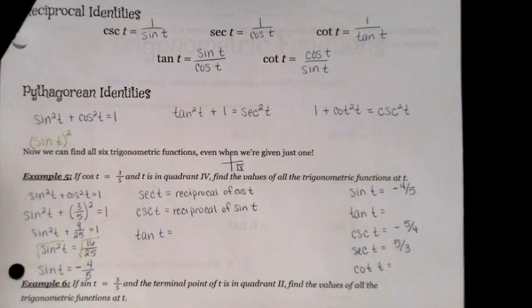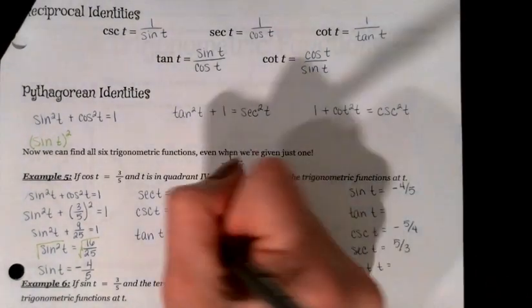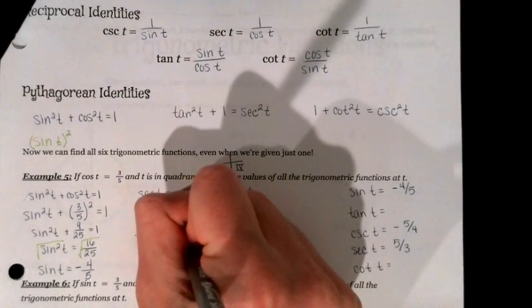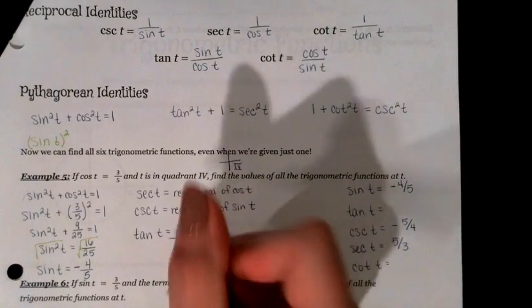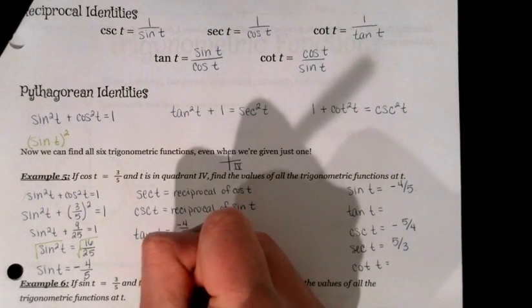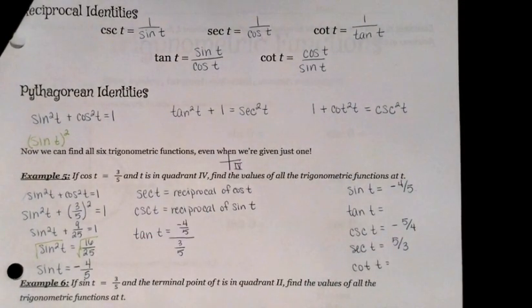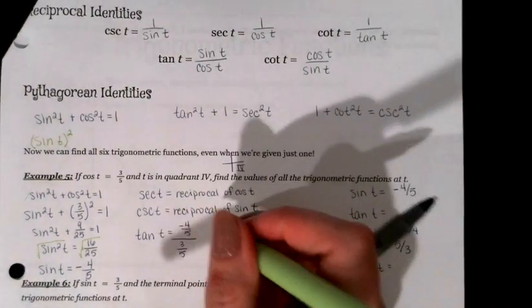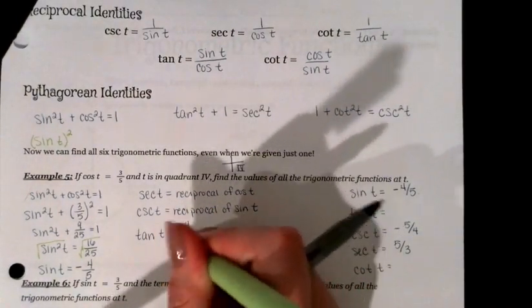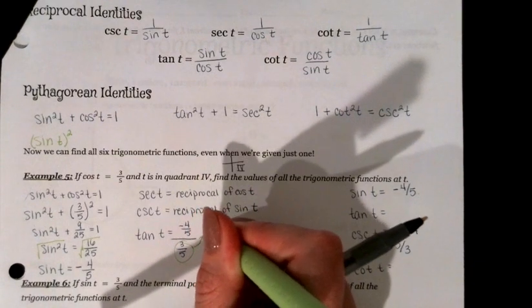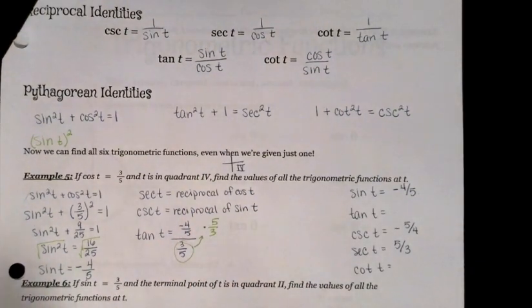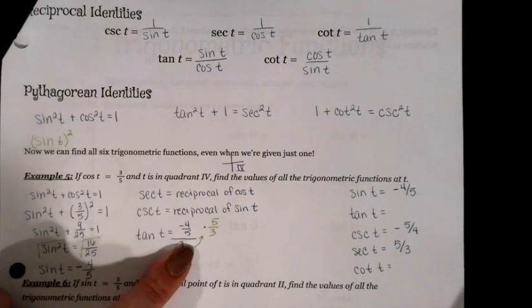So tangent of t equals sine of t goes in the numerator, which is the negative 4/5, and I'm dividing that by cosine of t, which we were given, which is the 3/5. And then I know if I divide by a fraction, that is the same as multiplying by the reciprocal. So I'm going to take this, pull it out of my denominator, and I'm going to multiply by the reciprocal, which is 5/3. When I do that, it's no longer down here, so I'm going to cover it up.